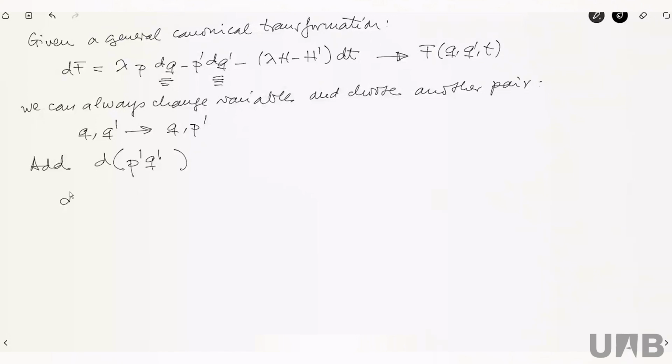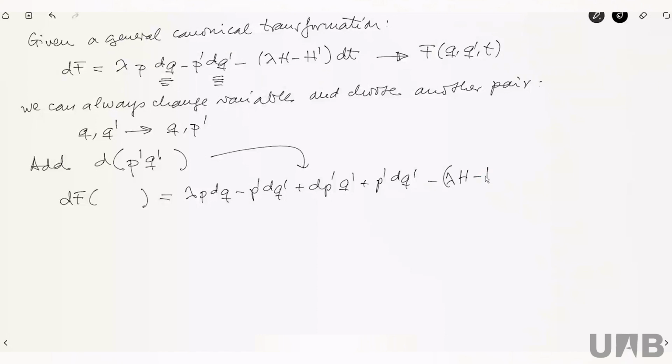So if we do this, we'll see what variables we have at the end. So it's going to be lambda p dq, that's what we have, minus p prime dq prime. Now we add the differential of this thing. So this is d(p prime q prime), which is dp prime q prime plus p prime dq prime, and then minus lambda (h minus h prime) dt.